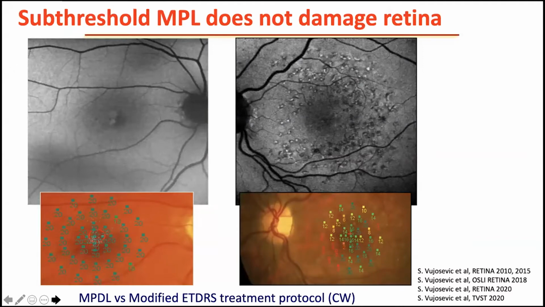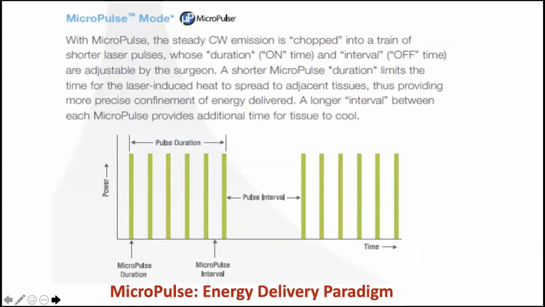On your left, there is the fundus autofluorescence image of the patient that was treated with the subthreshold micropulse laser, and on the right you can see the macular grid that was performed according to the modified ETDRS protocol using the continuous wavelength treatment.